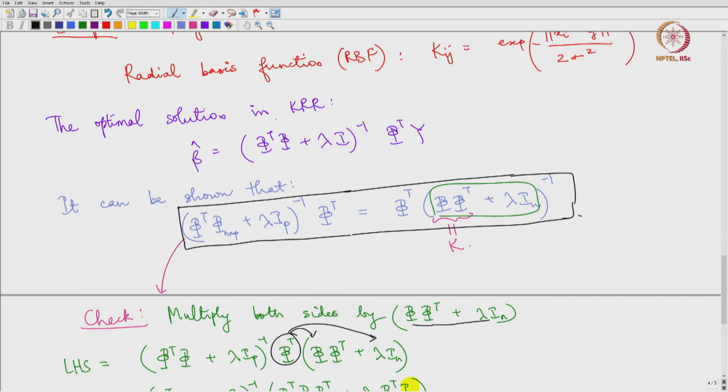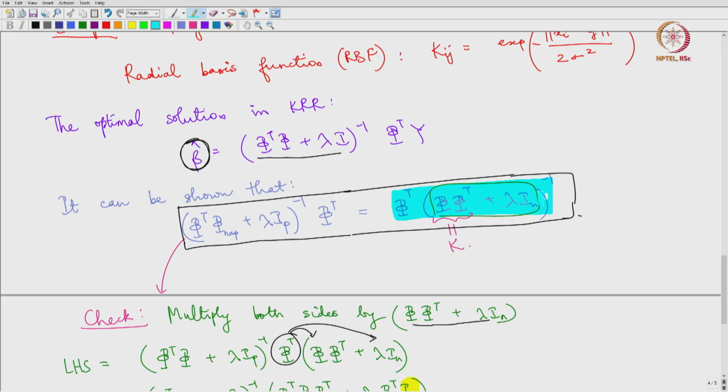Okay. So now you will ask, why are we doing this? What is the benefit of doing this? And the benefit of doing this is to introduce arbitrary kernels into the picture. Now we have shown that this optimal solution in the kernel ridge regression, instead of writing in terms of phi transpose phi plus lambda I inverse, you can write it in terms of this here, this whole expression.